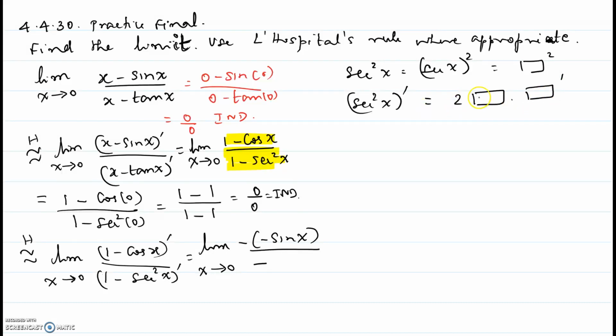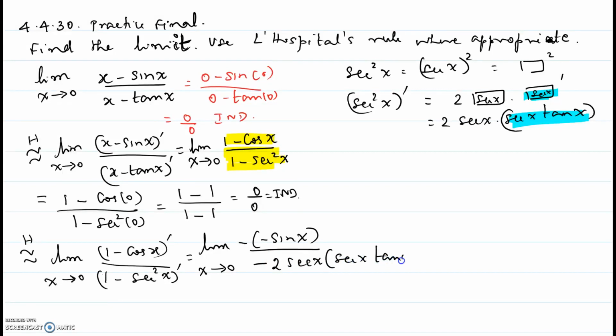So it is 2 times secant x, and then the derivative of secant x, which is secant x tan x. So it is 2 secant x, which is the outer derivative, then the inner derivative will be secant x tan x. That is what we discussed in this box.